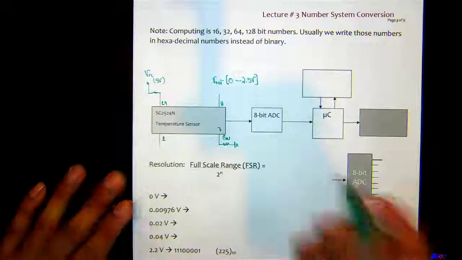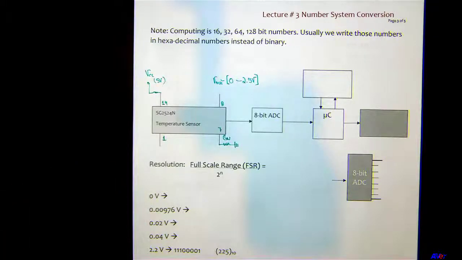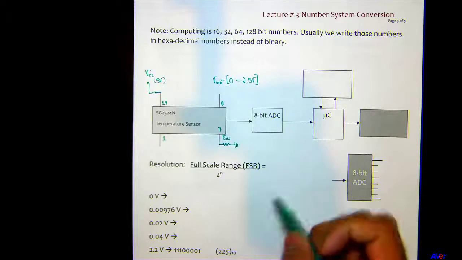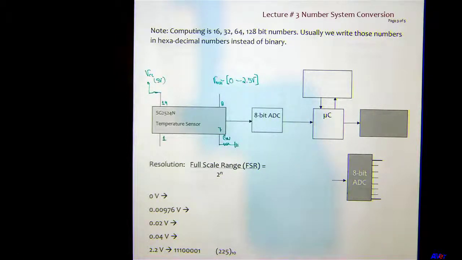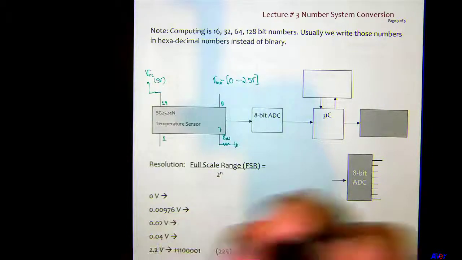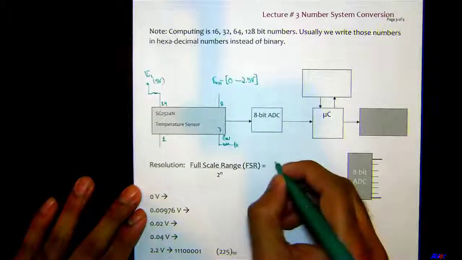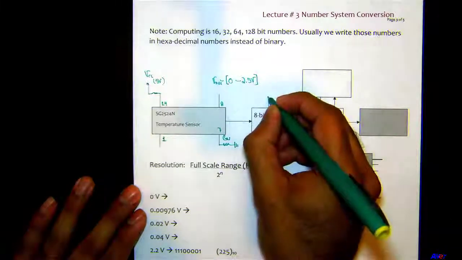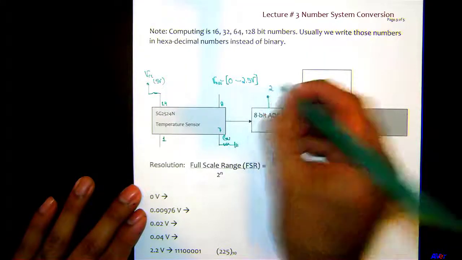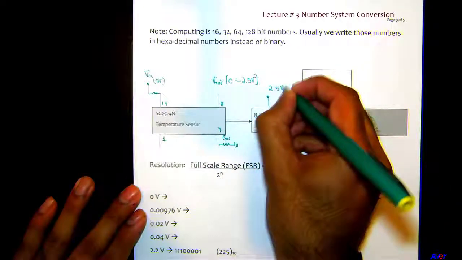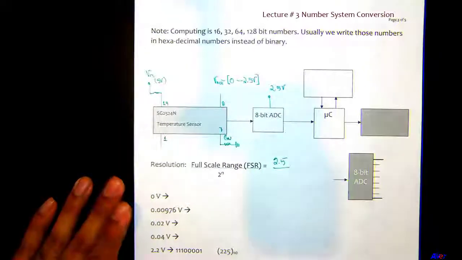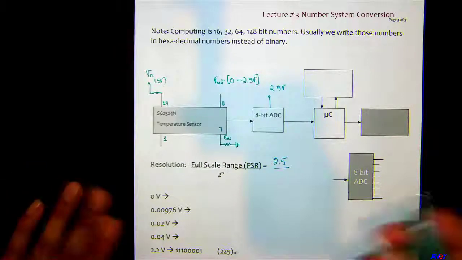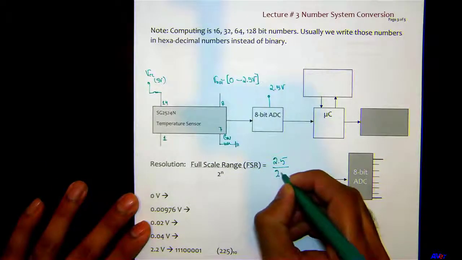Okay, so we're going to find out the resolution again here. That's the first thing we are going to do. The formula to calculate resolution, we did it in the previous lecture, but it's full scale range over 2 to the power n. Full scale range is basically the supplied voltage. Say it is 2.5, going into the ADC. It's an 8-bit ADC, so n is going to be how much? n is going to be 8.